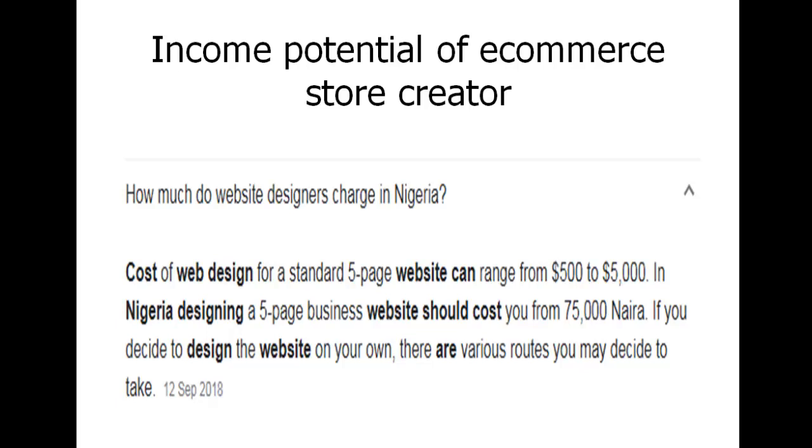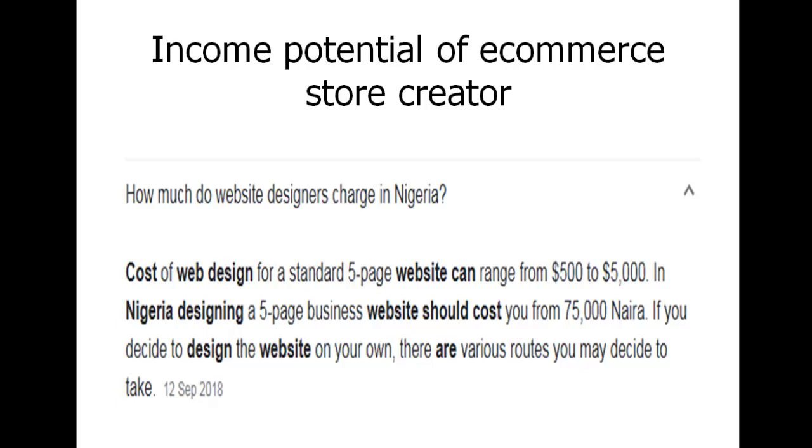And with time, you can increase your charges from 70,000 to 100,000, 150,000, and not only that, you learn more so that you increase your premium knowledge over this skill, because the more knowledgeable you are in a particular business or skill, the more your charges will increase. So this is where we are going to stop in this training today.